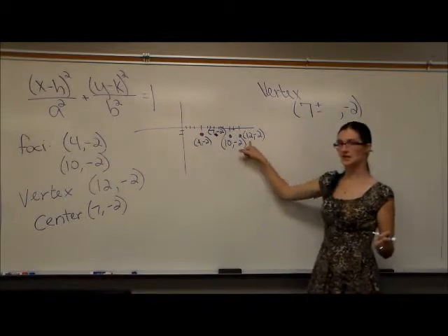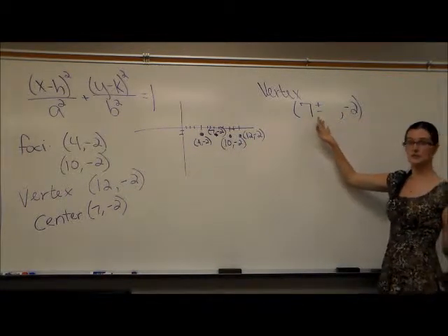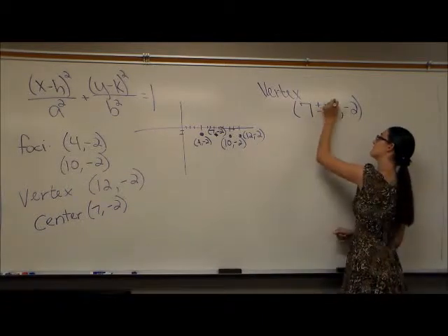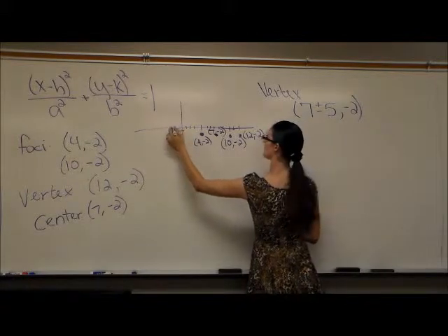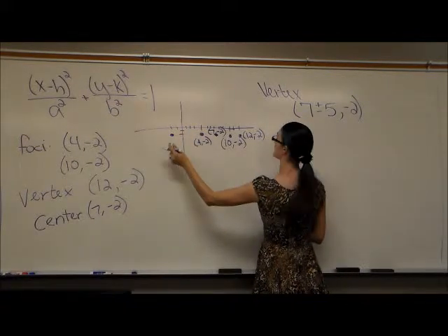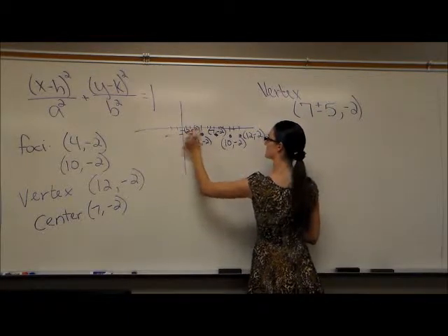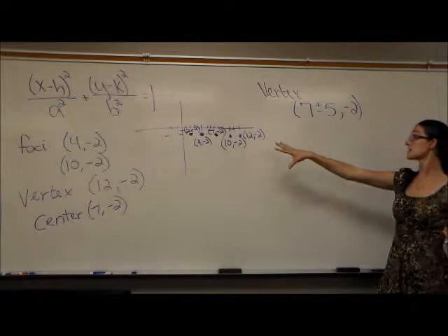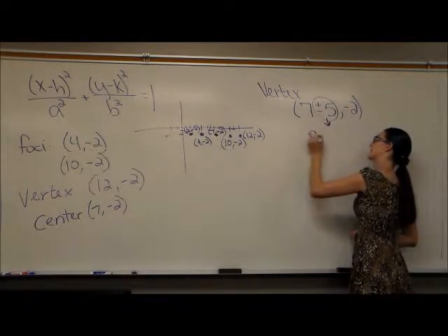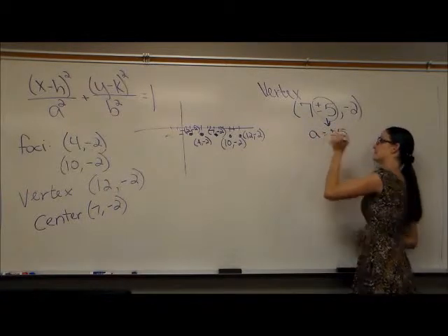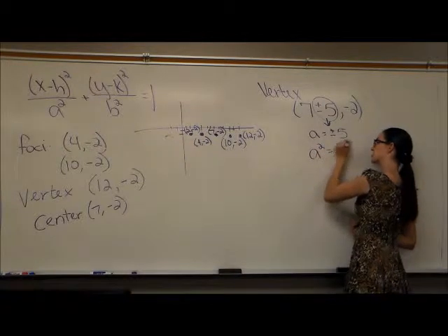How can you get to your vertex in relation to here? 7 plus 5 would be your vertex, which is 12. If we do 7 minus 5, that'd be, sorry, positive 2. That gets you your other vertex. So your A is whatever's being plus or minus. For your equation, we need A squared, which is 25.